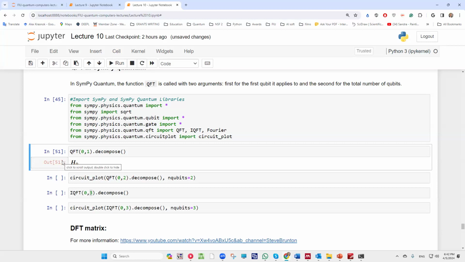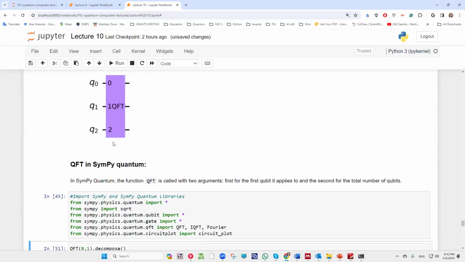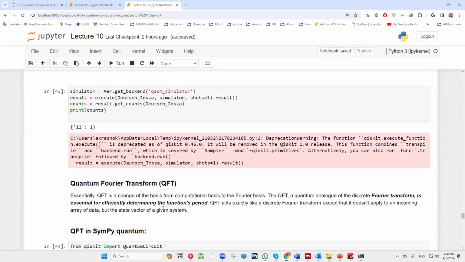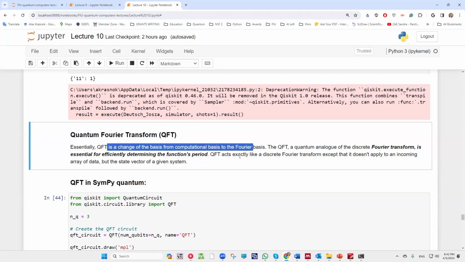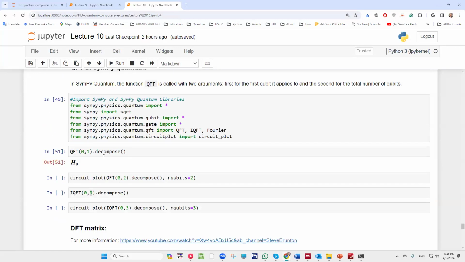For a one qubit circuit, this transformation to the Fourier basis is the plus-minus basis. Pretty simple. However, this picture breaks down when I add more qubits.